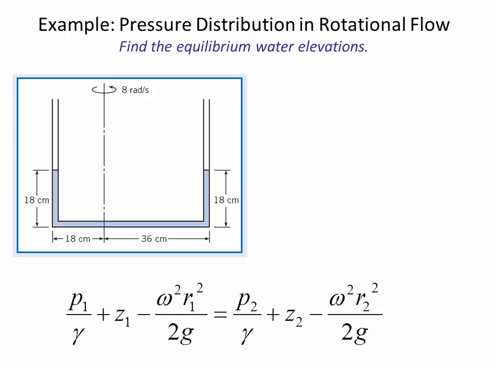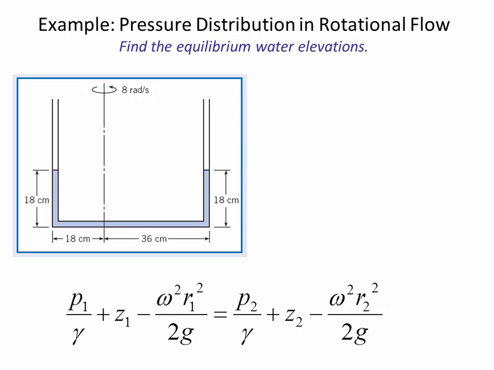Z2 is 8 radians per second squared, over 2 times 9.81 meters per second squared. Now I'm going to put in the radius of 0.18 meters squared minus 0.36 meters squared, minus 0.36 meters, and then divide all of that by -2.